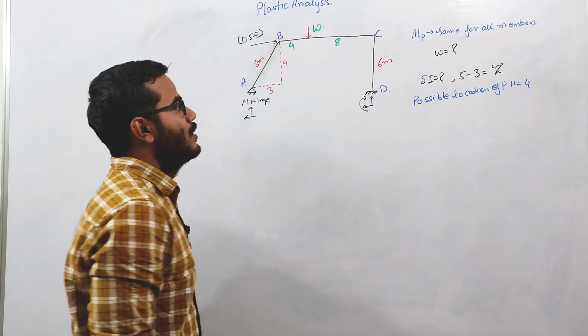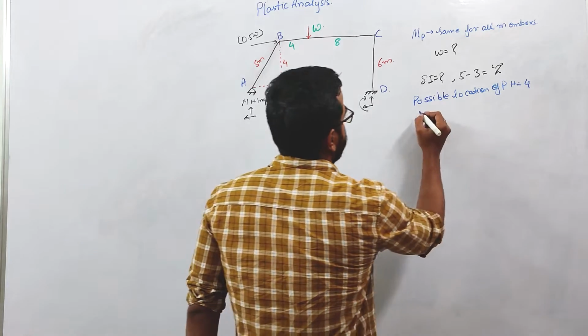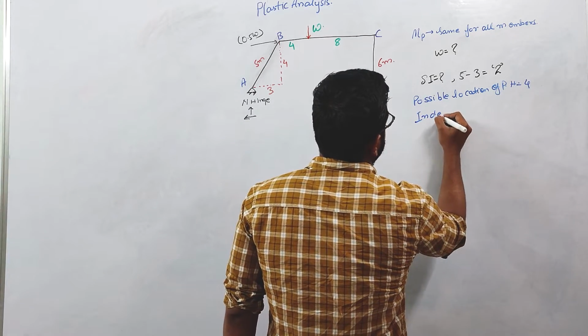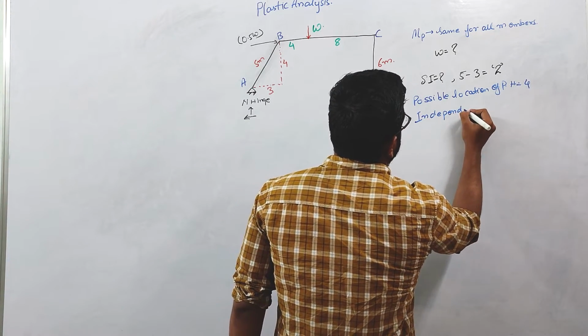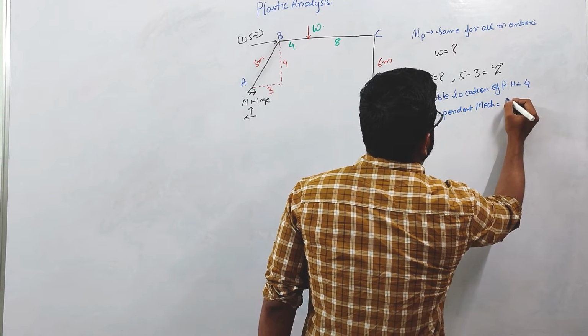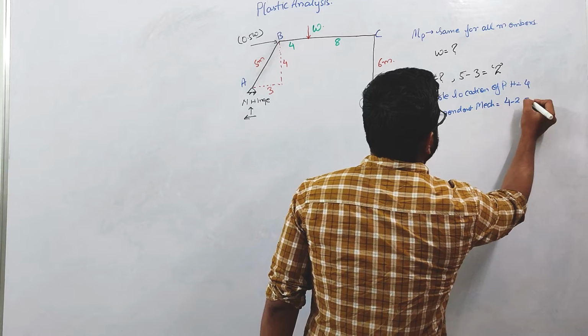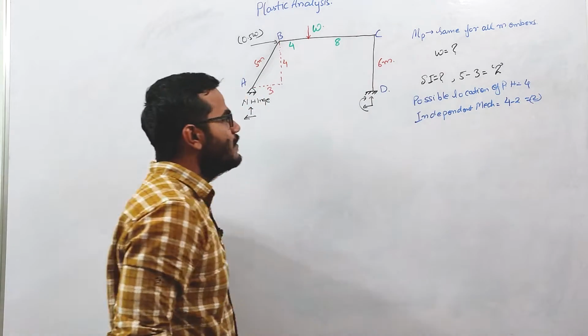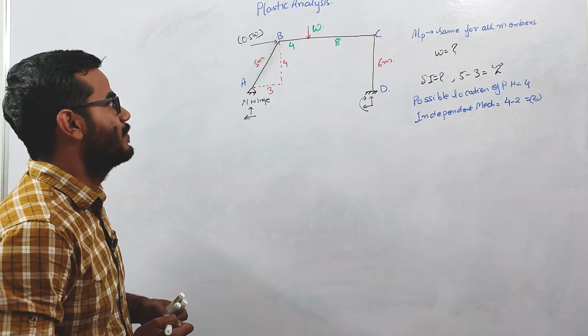So the number of independent mechanisms will be equal to 4 minus 2, which is 2. Okay. So in this frame there will be two independent mechanisms.